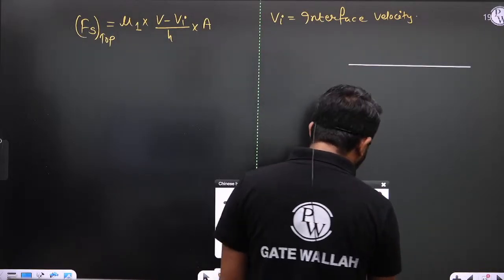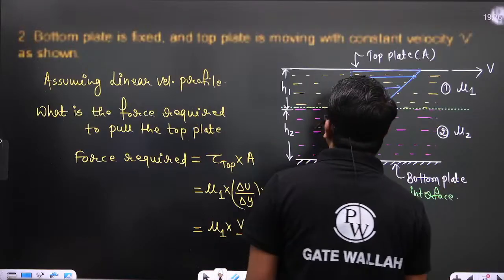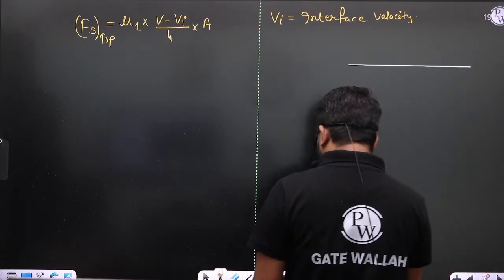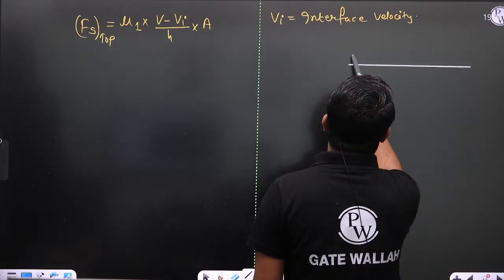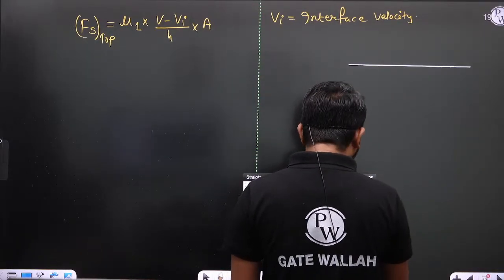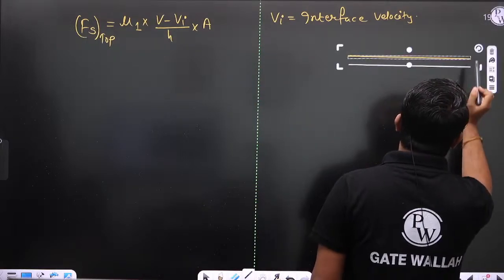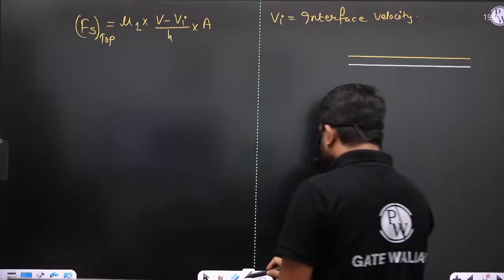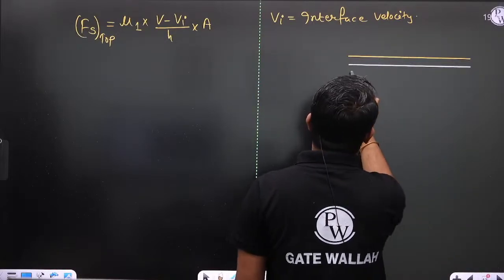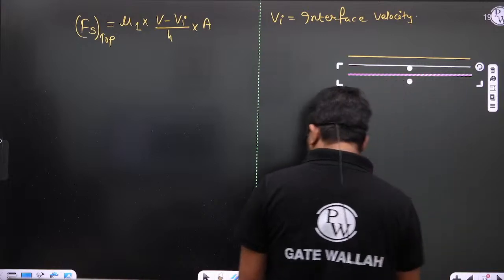Now above this interface layer, there is a layer of fluid number 1, and below the interface layer, there is a layer of fluid number 2. Is it clear or not?